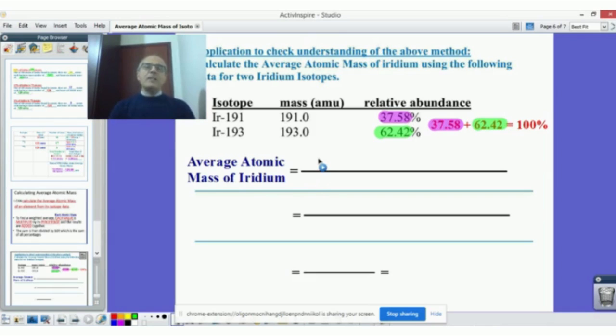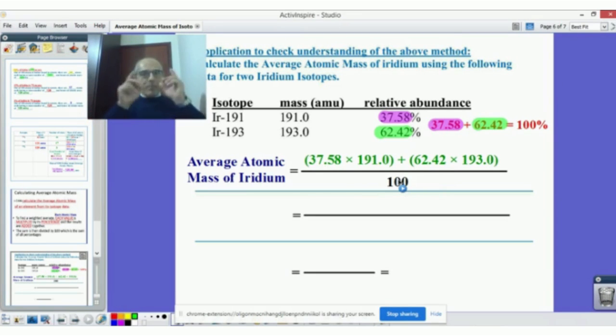The average atomic mass is calculated by first multiplying the percentage of each isotope by its atomic mass, adding the products, and dividing by 100. This is what we obtained as a mathematical operation based on the previous example. If I multiply the percentage by the atomic mass, I get the total mass for a given isotope.